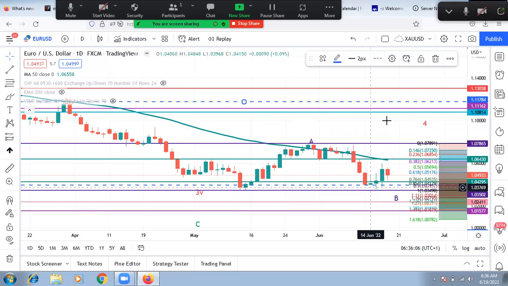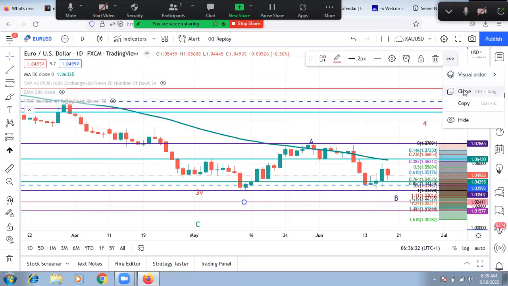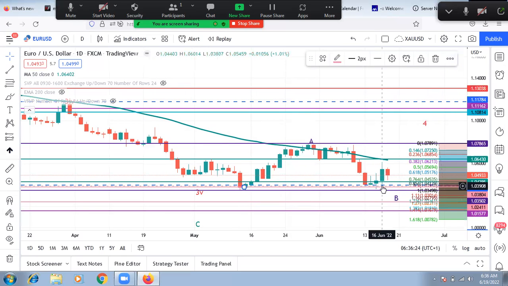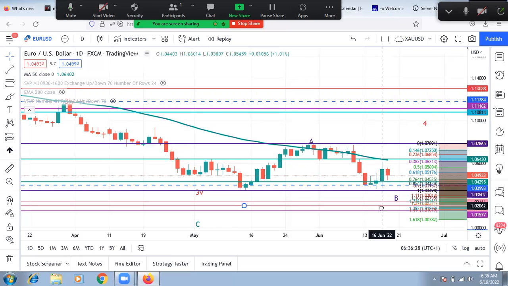Then if you do 127, you might miss it because of spread. It's very close. Then if that level is breached, I want to come to 141, which is at this level.